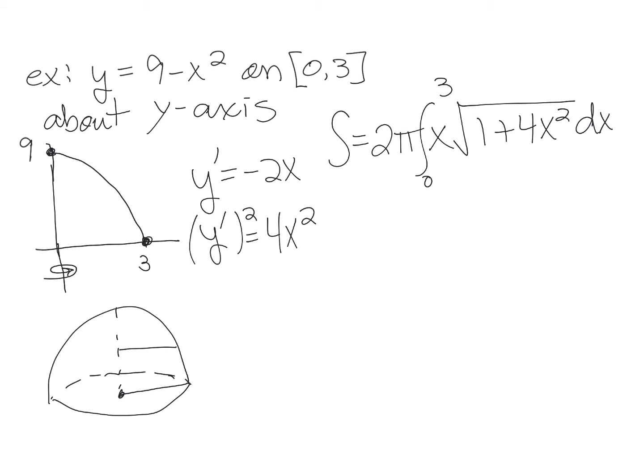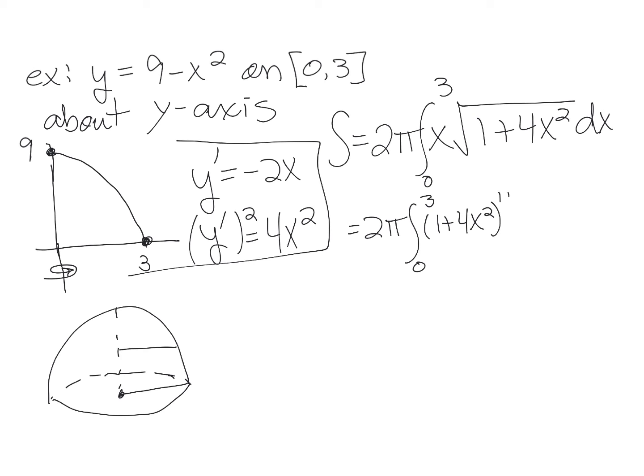This is just a quick, easy substitution integral. Let me rewrite it. Here's my cheater box right there. Let me rewrite this as the integral of 1 plus 4x squared to the half power, and the rest of the problem is x dx.